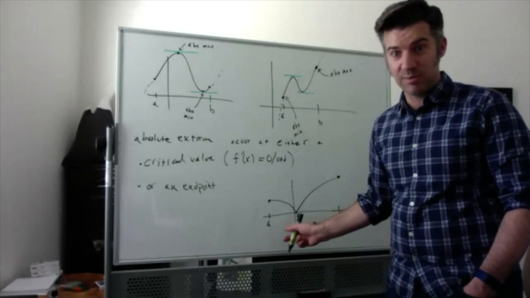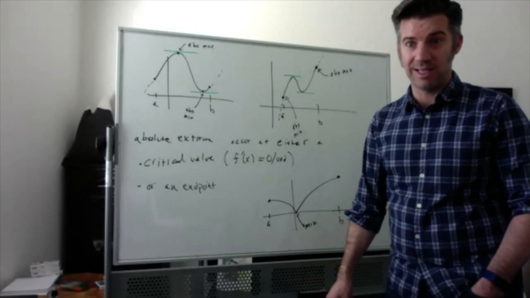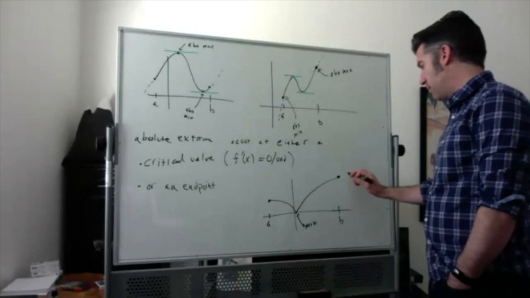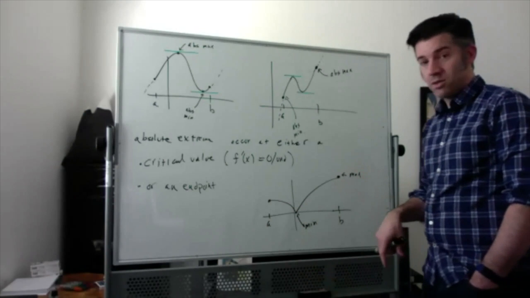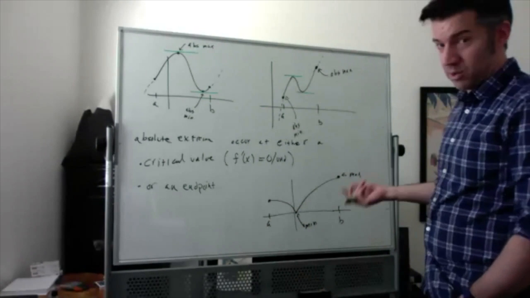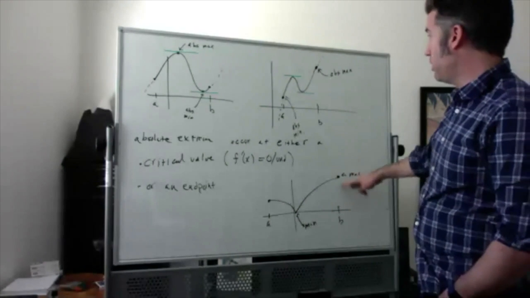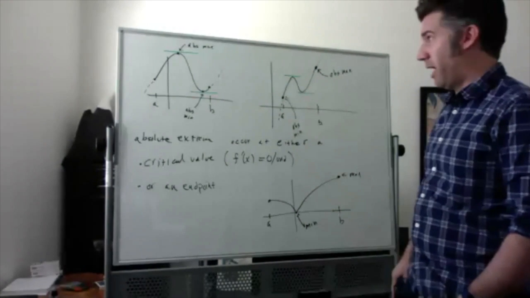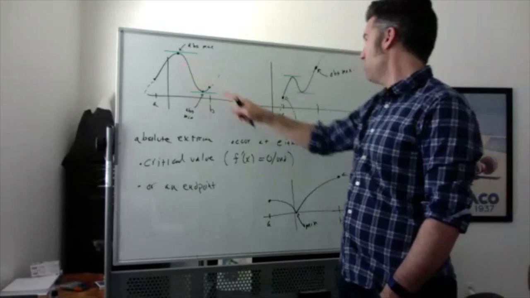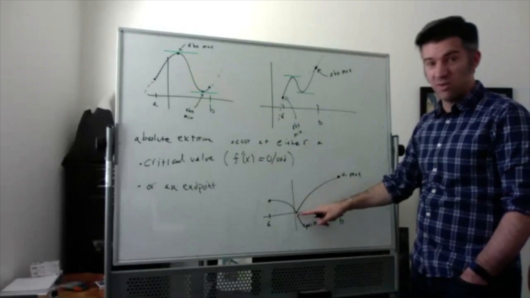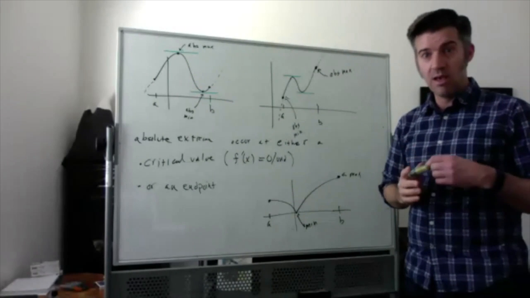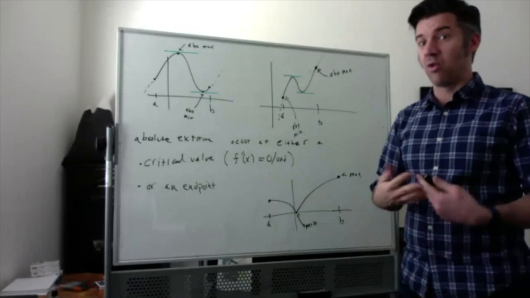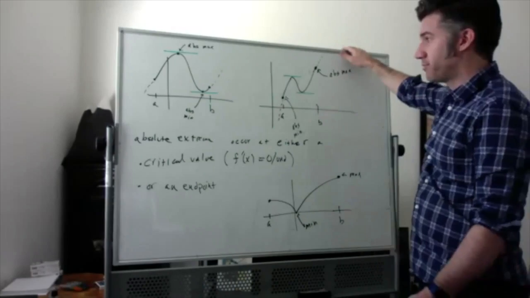You've got a cusp, also known as a pointy point, as I like to call it, and the maximum is right there. So yeah, you can have an absolute extrema at an endpoint, at a place where the derivative is 0, or at a place where the derivative is undefined. All those are valid places for the absolute extrema or global extrema to occur at. Let's look at a couple examples.